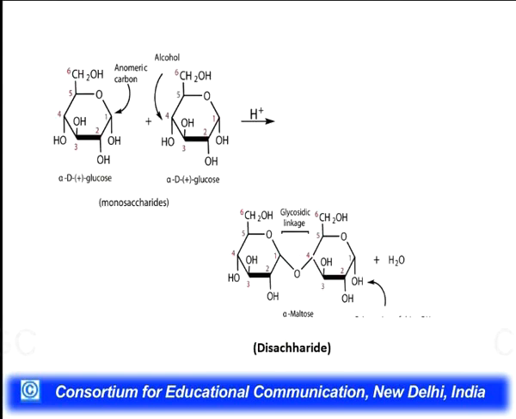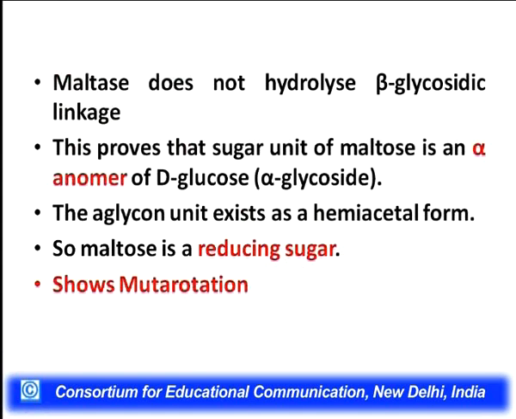This hemiacetal unit is free here. So this maltose will act as a reducing sugar because it has a hemiacetal unit. When we dissolve maltose in water, it will undergo ring opening.